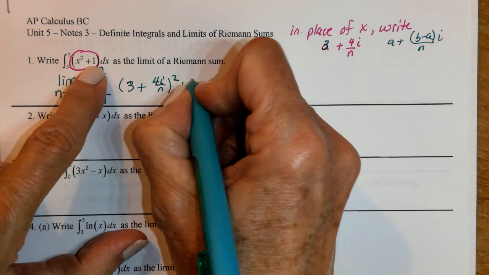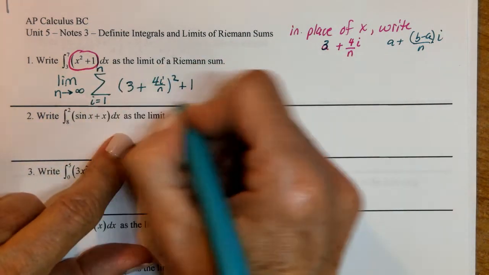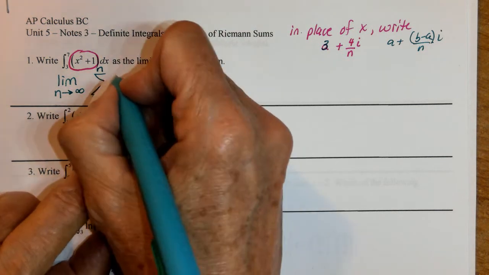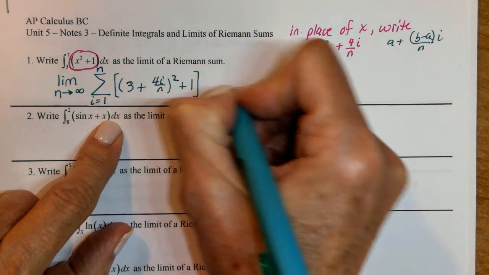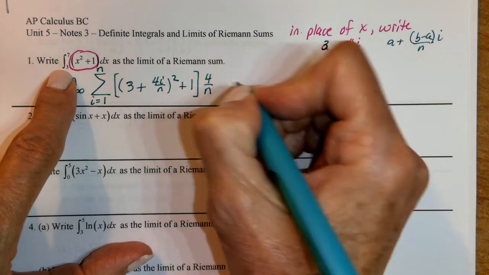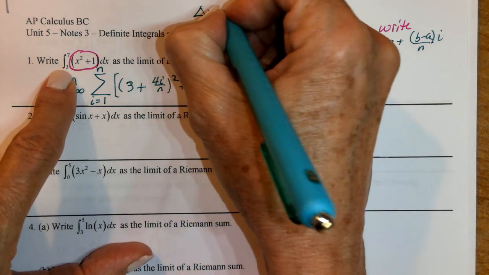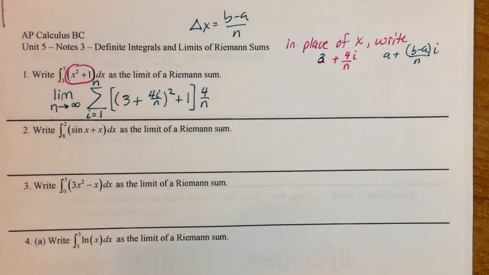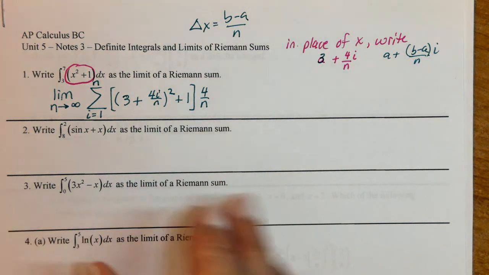We're adding 1. And now we need to multiply all of this times our delta x, b minus a over n, 4 over n. Remember, delta x is b minus a over n. And that's it. Let's do another one.